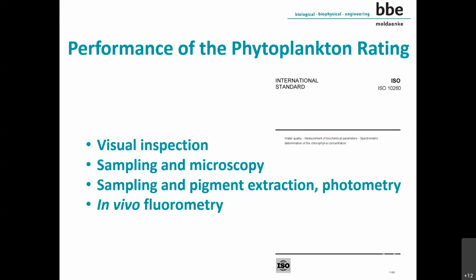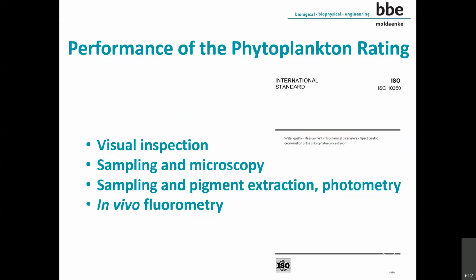Another classic way is the sampling: take the sample from the water, filtrate it, bring it to the microscope in the laboratory and count it. Also a little bit difficult and laborious, because it needs time and skilled people. So therefore it is a little bit difficult to perform this for a lot of samples.